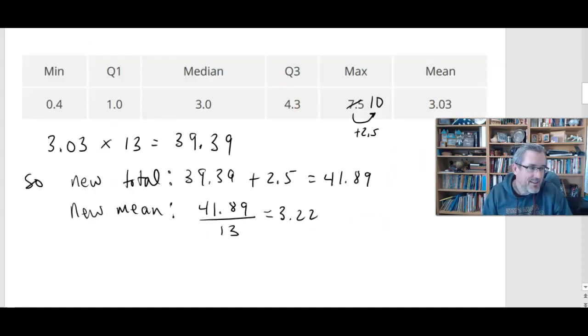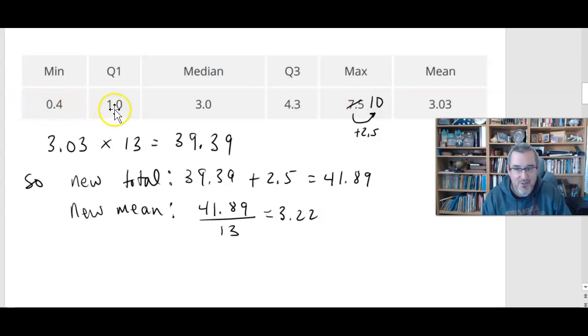But then they say, what about this? John is considering moving to a house that is 10 miles from school. What if we change John's distance from 7.5 to 10? How will that change the summary statistics? Well, if all we do is change John's 7.5, which was the max, to 10, that doesn't change the minimum.